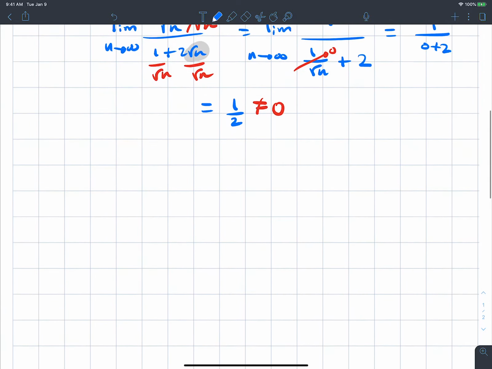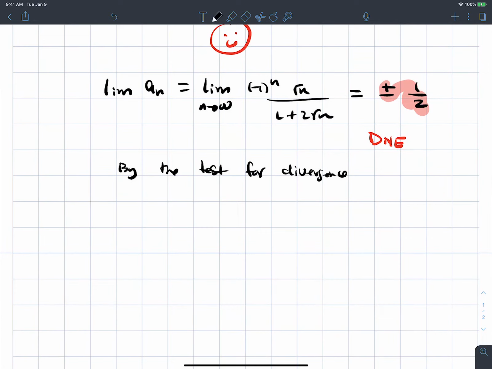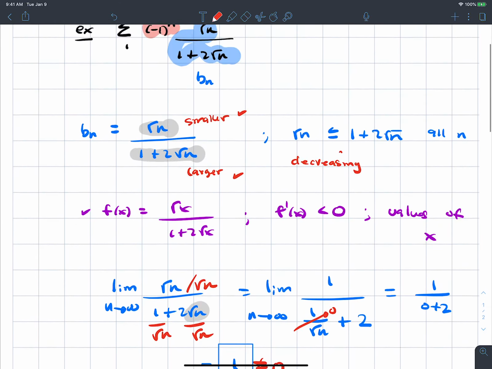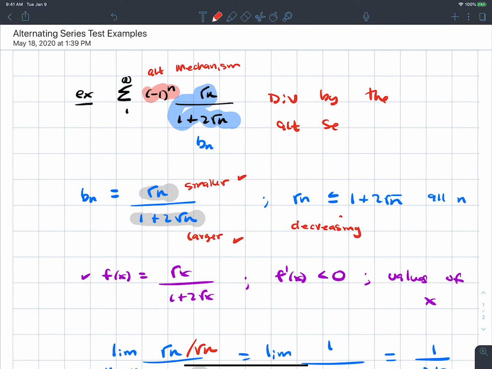And so what we say here is by the test for divergence, this is a divergent series. We have divergence. And this is how we use this. So this diverges by the test for divergence.